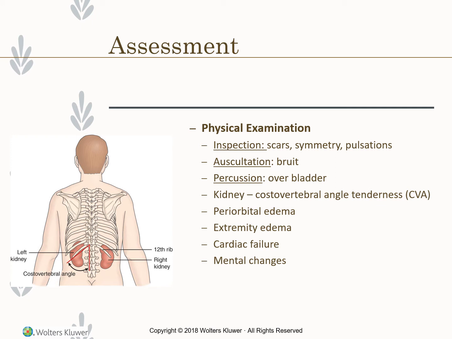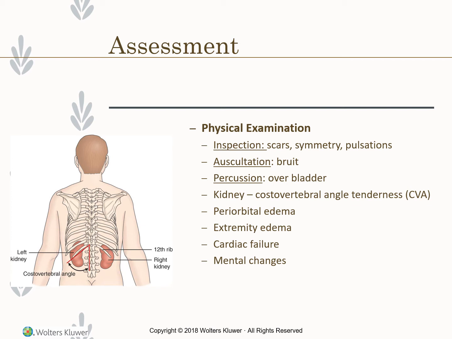For the physical exam, again, inspection, auscultation, where you're listening for a bruit, and percussion over the bladder. You listen for a bruit just above and lateral to the umbilicus on both sides. A bruit may indicate renal artery stenosis, a possible cause of hypertension or renal failure.